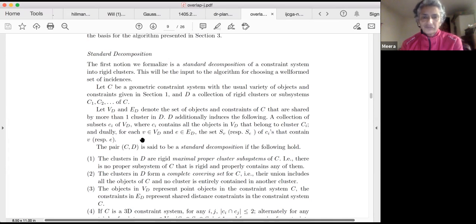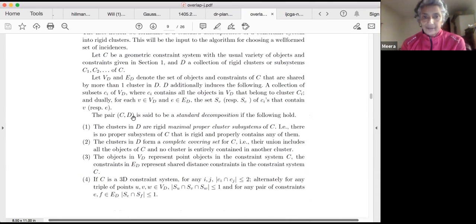And for each vertex and each edge, the sets SV and SE are those clusters that contain the vertex or that particular edge. So in other words, if there's a common shared vertex or edge, then there's a bunch of clusters that contain that vertex or that edge, and that's the set SV and SE.